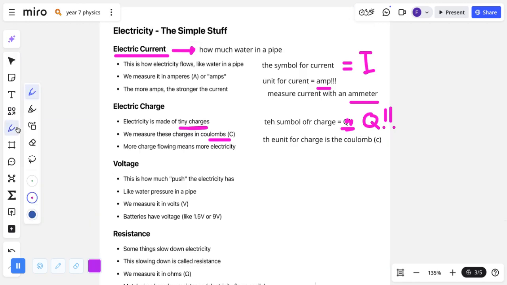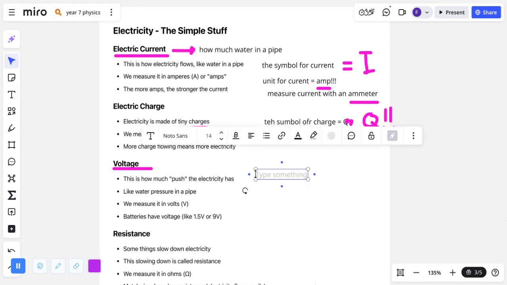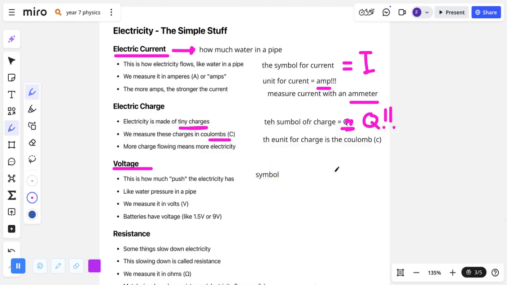All right. So we then got voltage. Now, voltage is the easy one. It's how much push the electricity has, how much energy each charge has. And that's like pressure in a pipe. And they go, oh, that's easy to understand. Yeah, fair enough. Voltage is kind of nice. Voltage has the symbol V. That's nice.